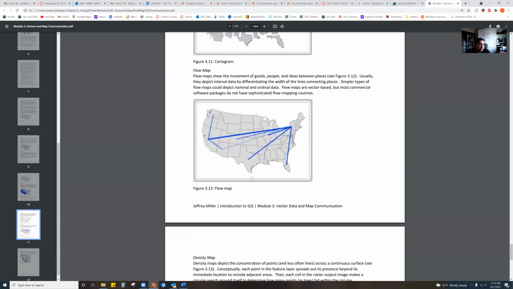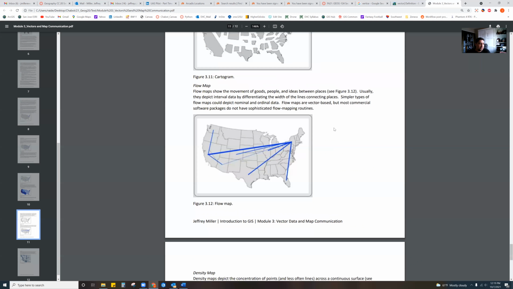Flow maps, okay, a flow map is generally going to have lines depicting the direction of something. There might be an epicenter or a few epicenters, but direction and also magnitude, like how strong is that. Say this is an airplane route map.